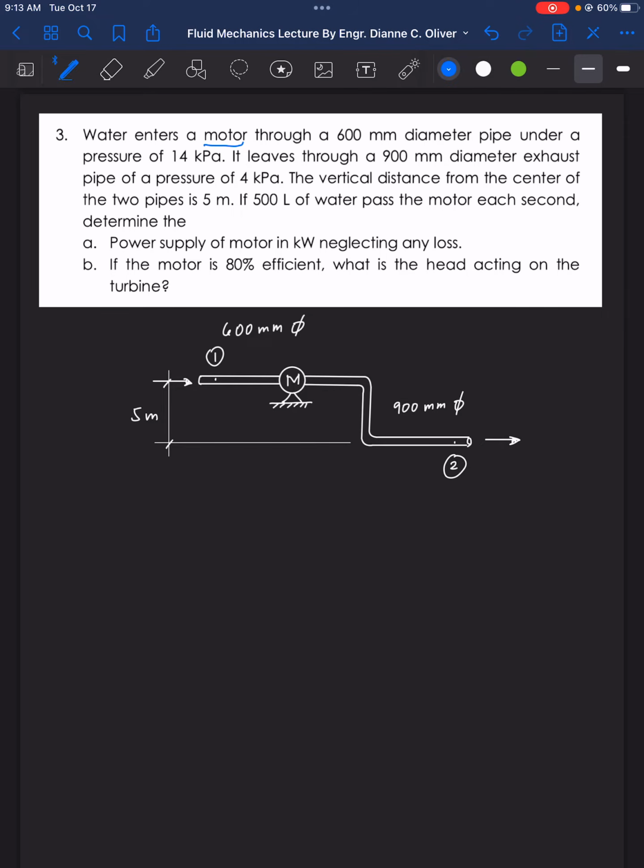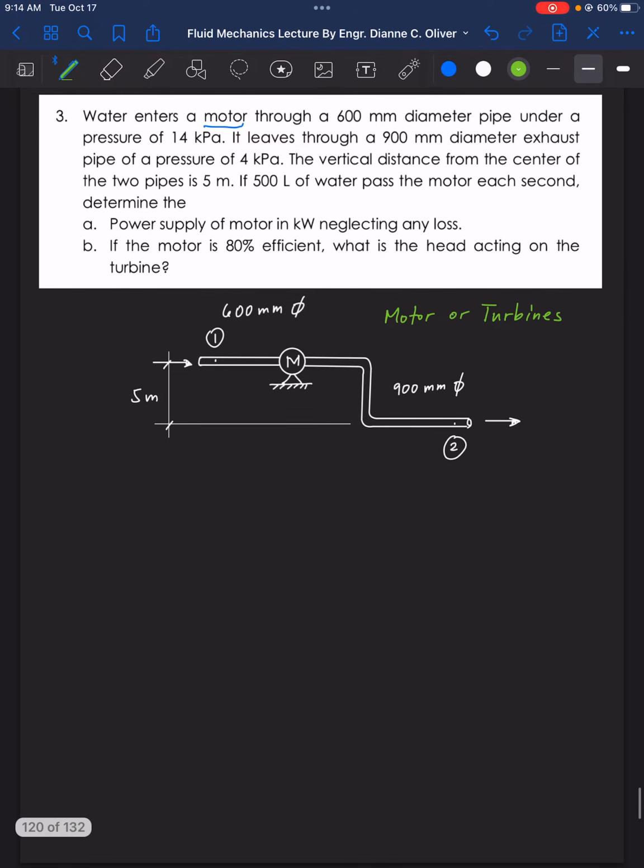We're using a motor here, so the vertical distance is 5 meters. Sometimes we use turbines, motor or turbine. When we're using turbines, we do a similar solution as with motors.